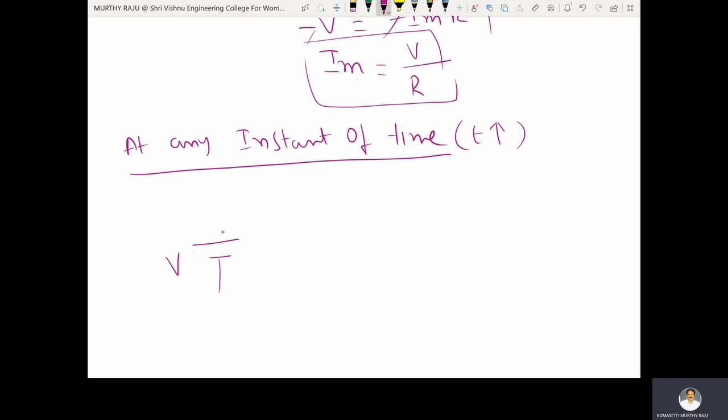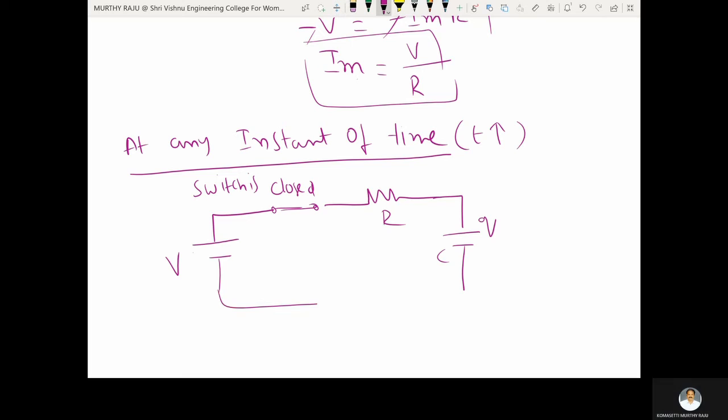Therefore, the circuit diagram is: V, the switch is closed, here resistance R, here capacitor C. The charge on the capacitor is Q, the voltage across the capacitor is VC, and the current is I, with plus and minus polarity as shown.